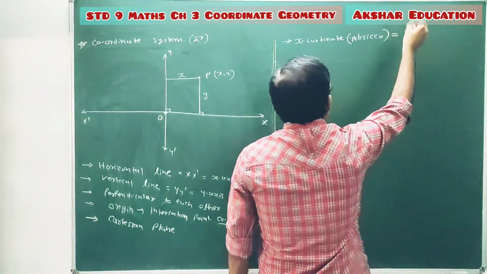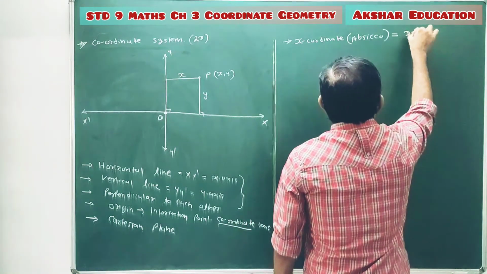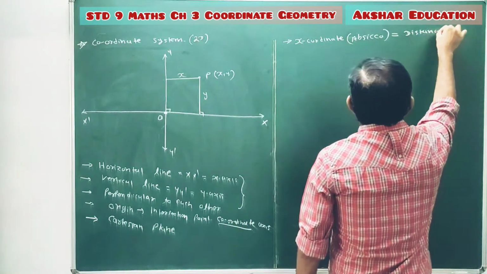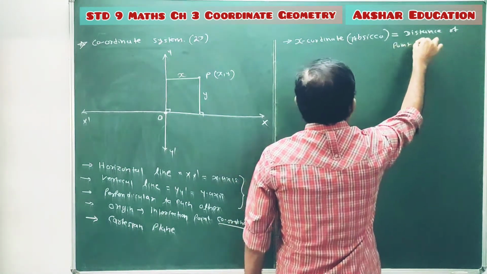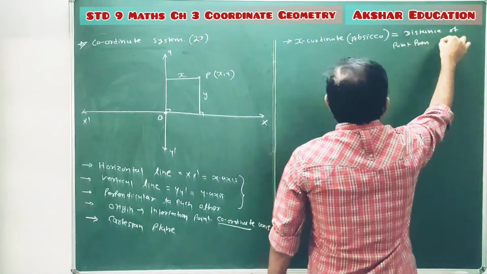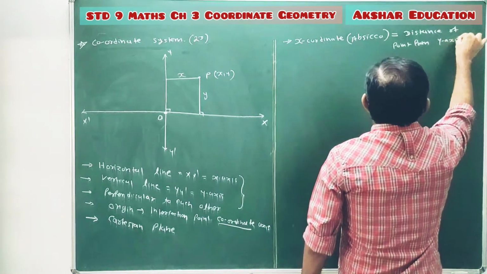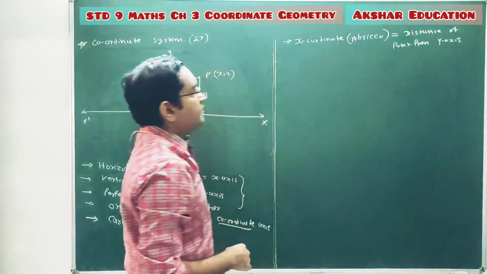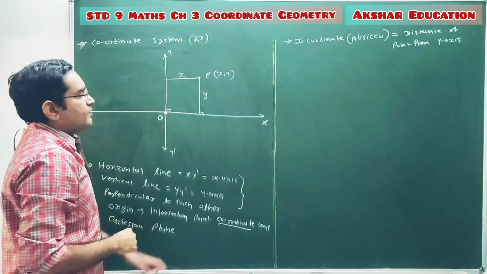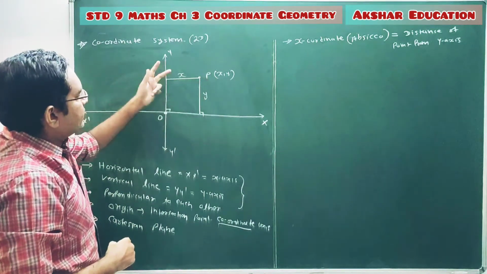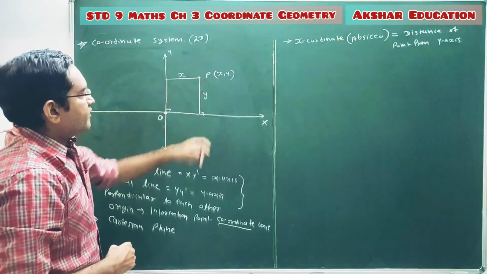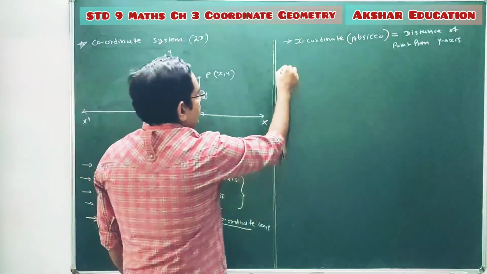Abscissa is nothing but the distance of the point from the y-axis. So the perpendicular distance of point P from the y-axis is x, so its x coordinate is x.